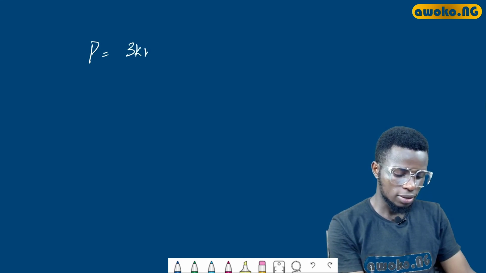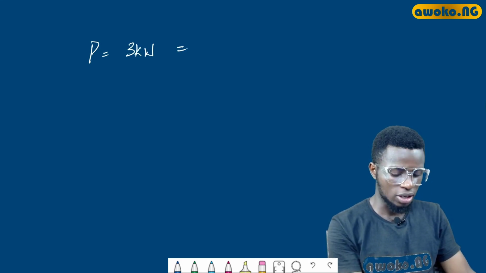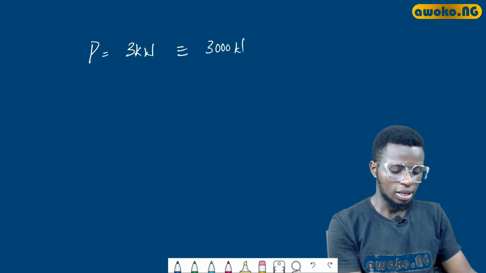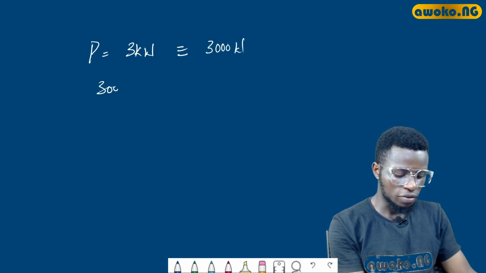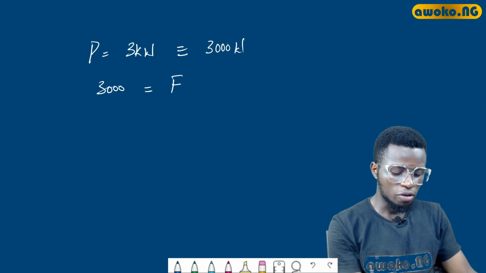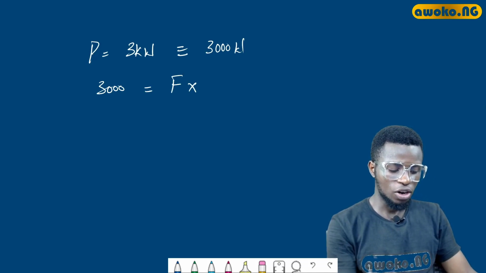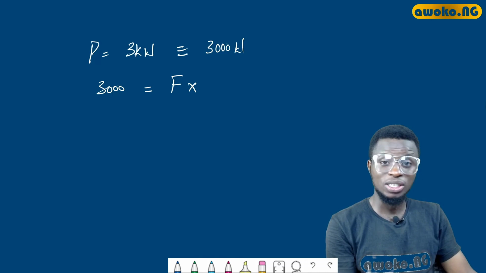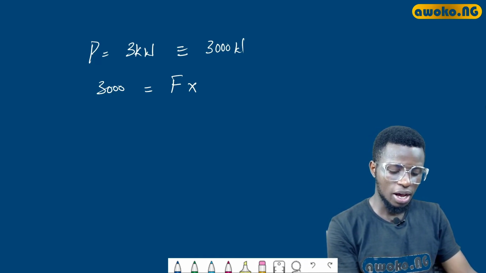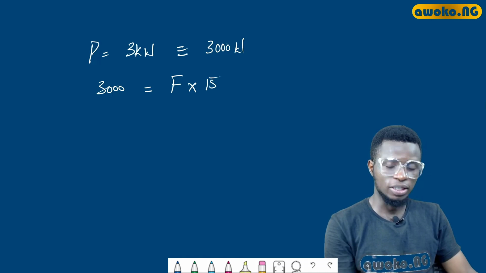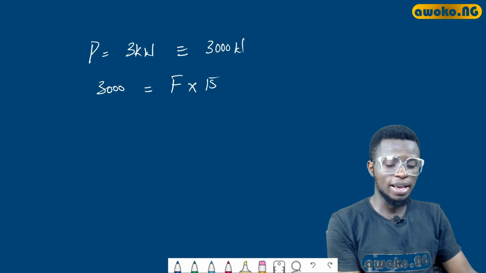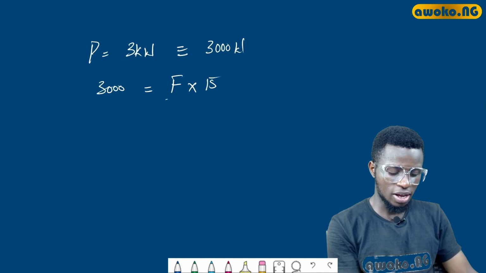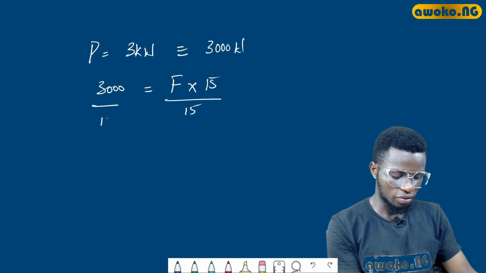And since this is said, we can say that the power, which is 3 kilowatts, and we said that 3 kilowatts is equivalent to 3,000 watts, is equal to the force times the velocity of the car, which is still the same thing as the distance covered by the car per second. So we have 3,000 equals F times 15. If we make F the subject of the formula, we divide by 15 all over 15.